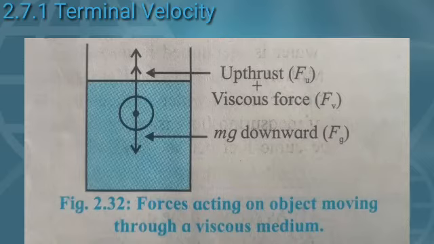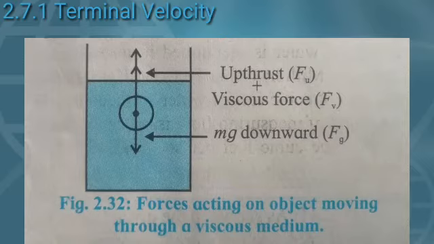Here the net downward force F is equal to Fg minus Fv plus Fu, which is responsible for the initial increase in the velocity. Gravitational force and upthrust are constant, while viscous force Fv increases with increase in velocity. Thus, a stage is reached when the net force F becomes zero.